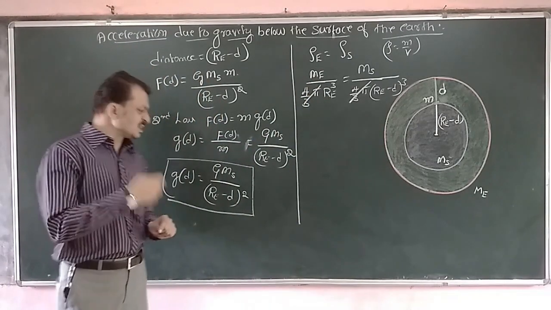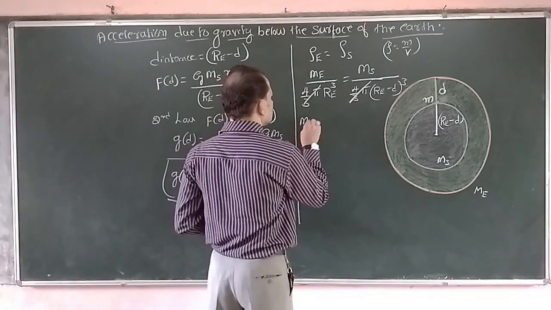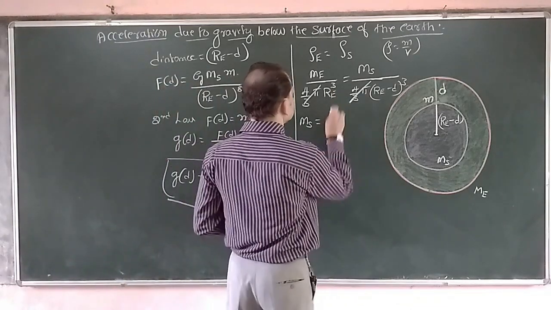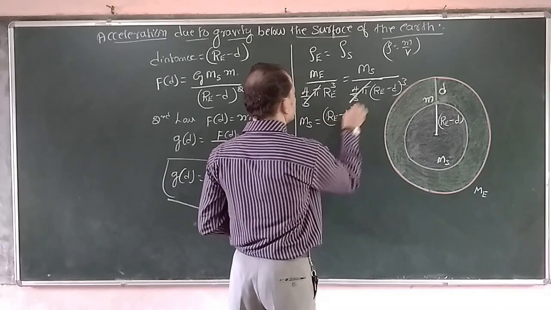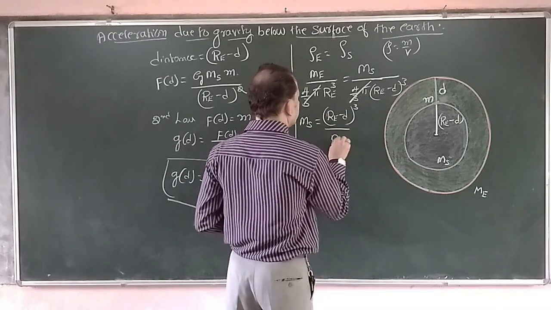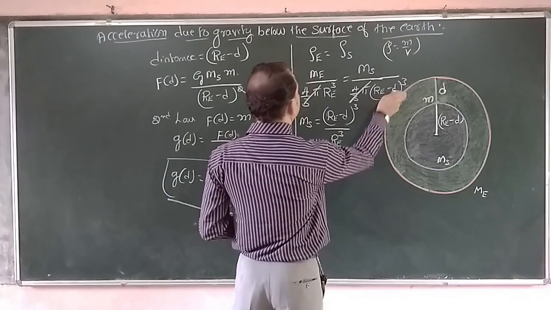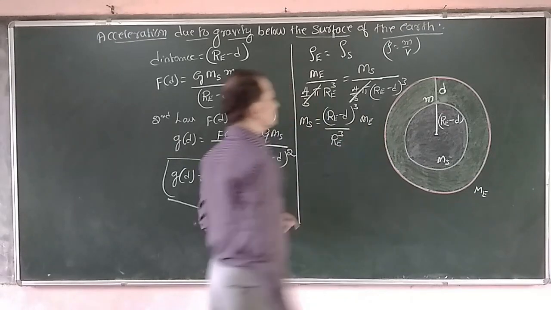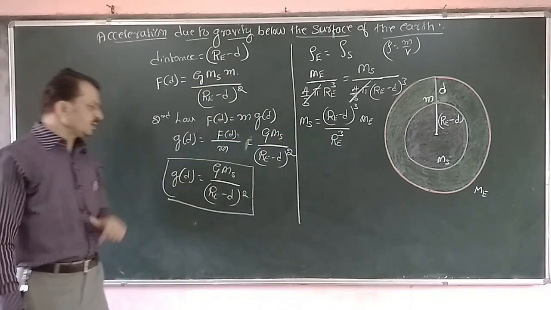Therefore, Ms is equal to Re minus d whole cube divided by Re cube into the mass of the earth. Now that is the replacement.